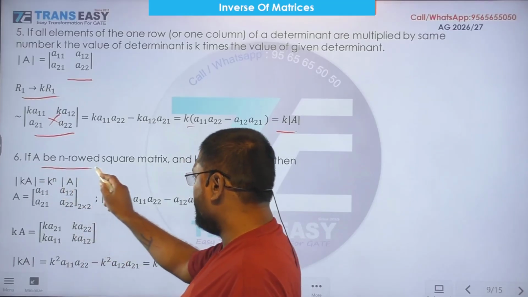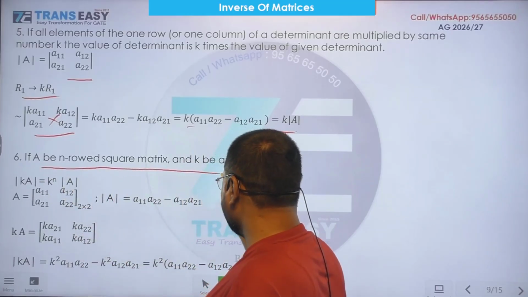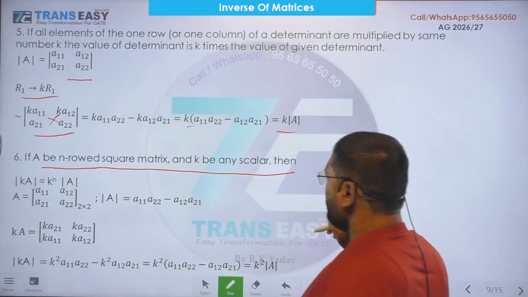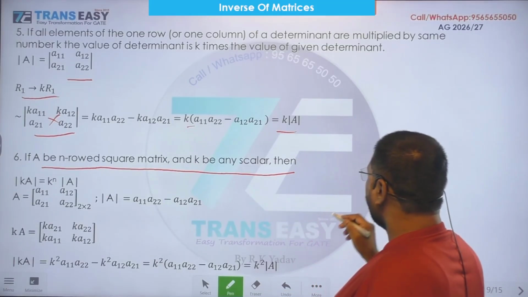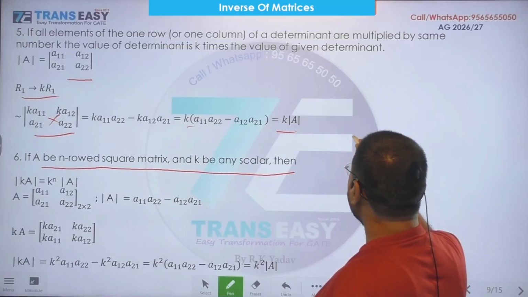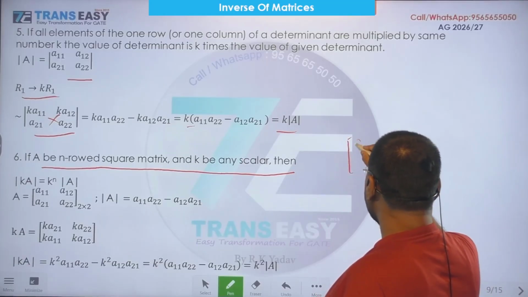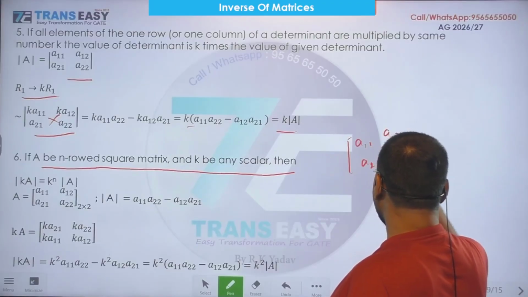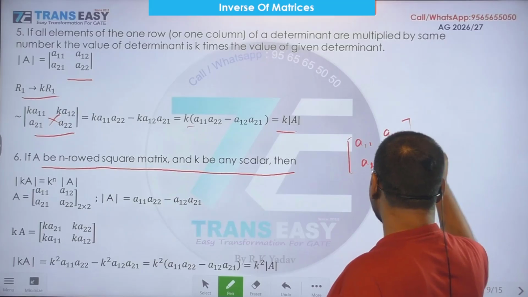If A is an n-row square matrix and k is any scalar, right? Dear students, suppose this is a11, a12, a21, a22.